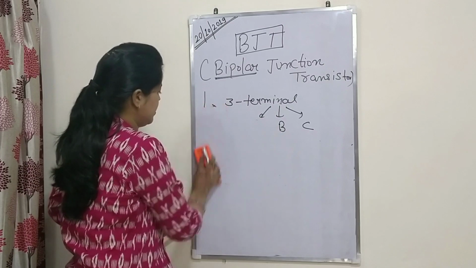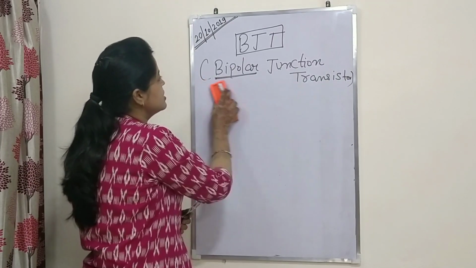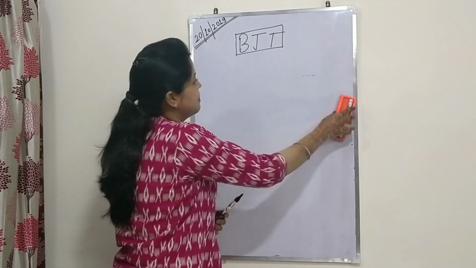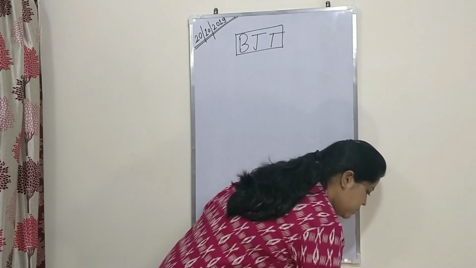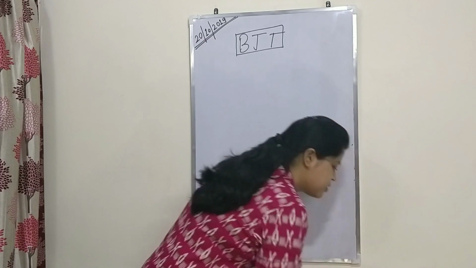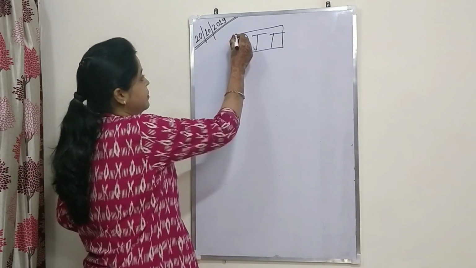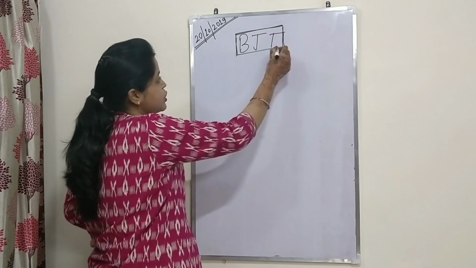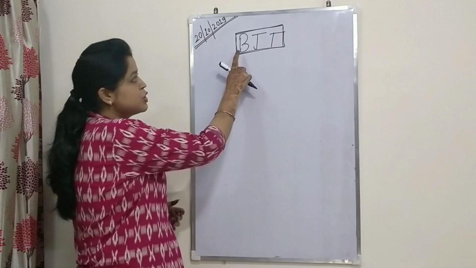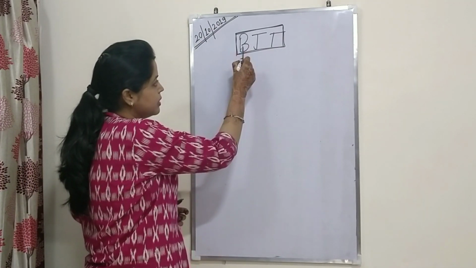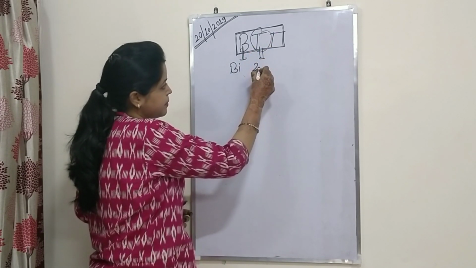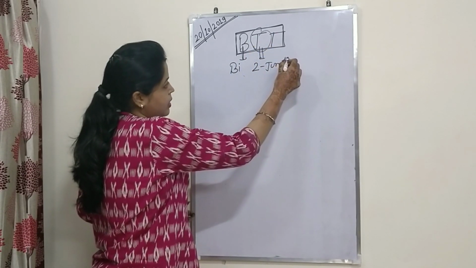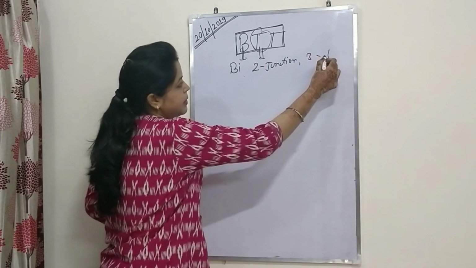Now, construction. After the proper definition of the BJT, which is bipolar, that's why bi, two junctions and three terminals.